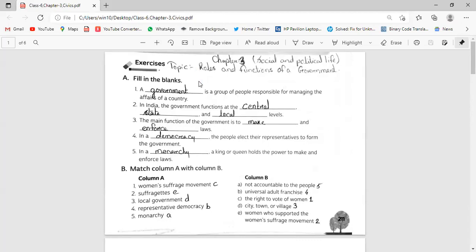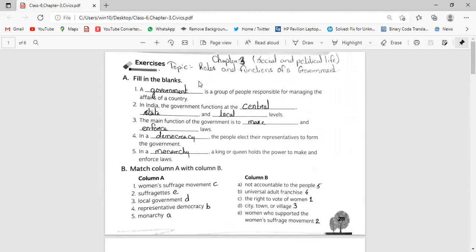A government is a group of people responsible for managing the affairs of a country. In India, the government functions at the central, state, and local levels. The main function of the government is to make and enforce laws.